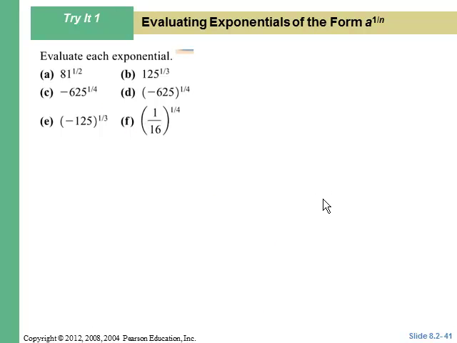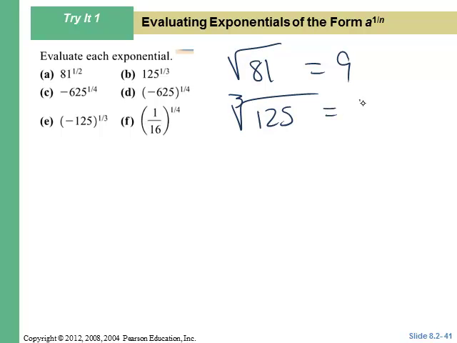Try these. First one is the square root of 81, which is 9. The second one is the cube root of 125, which is 5. The fourth root, with the negative sign out front, of 625 is negative 5.